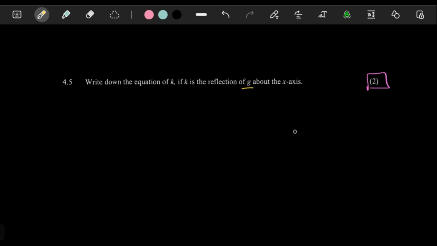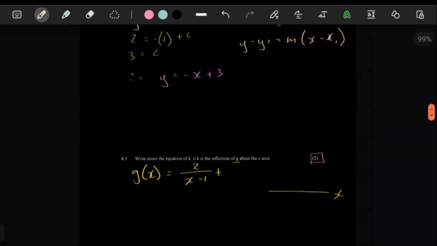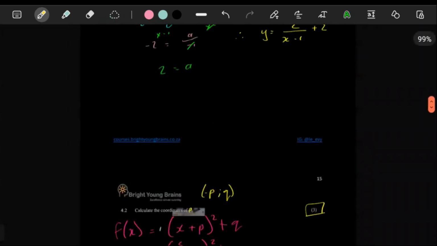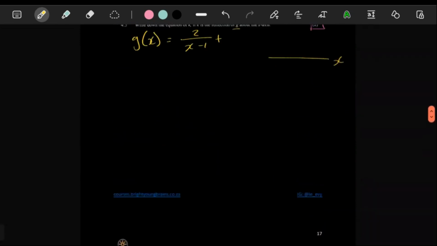So anything reflected about the x-axis, what changes is your y values. The equation of the graph of G, remember it's like 2 over x minus 1 plus, was it plus 2? Yeah, I think it was plus 2. So because we know this is the original equation, right?